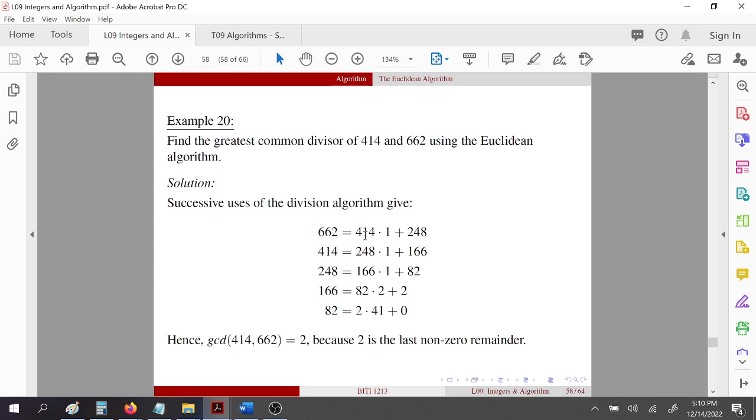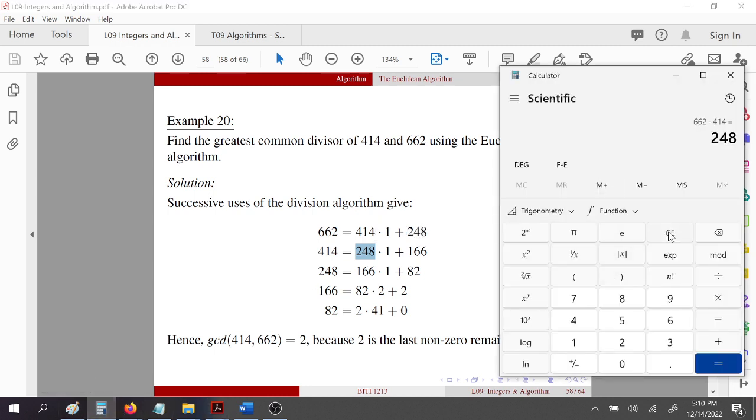Actually, firstly from the first equation, just reserve this number 414 and 248. For this number you just bring it down like this, 414 and 248. And then obtain the remainder. How to obtain the remainder?